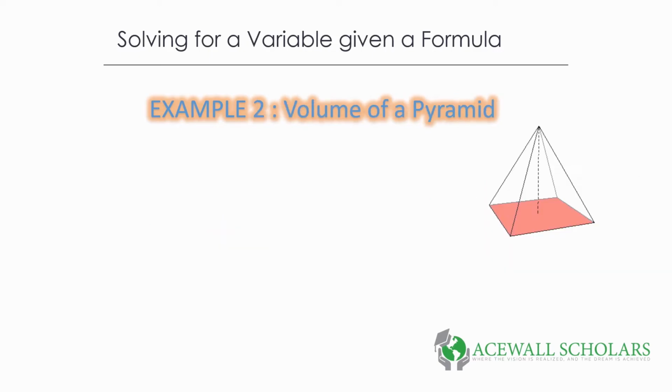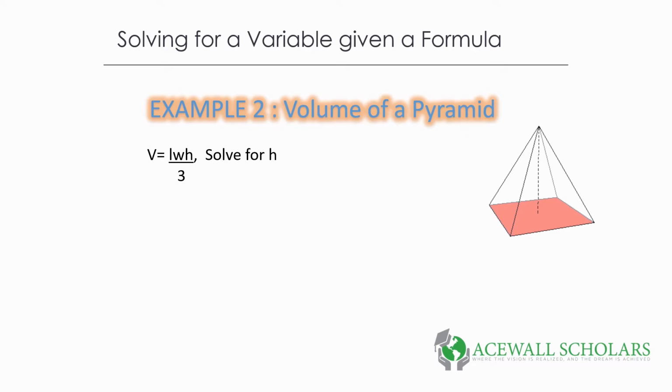Let's say we had a pyramid and we needed to find the height of the pyramid. Now, the formula for the volume of a pyramid is expressed as V equals L times W times H divided by 3. You could also look at it as V equals 1/3 times LWH.